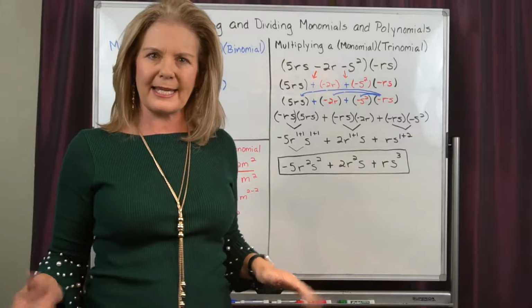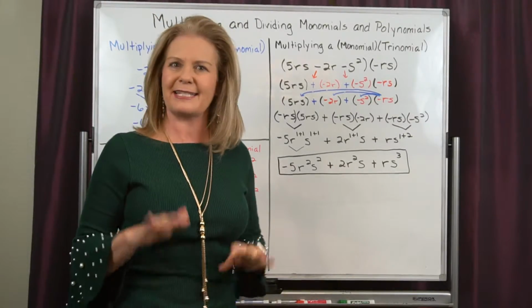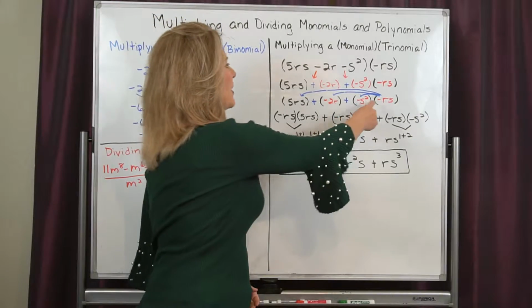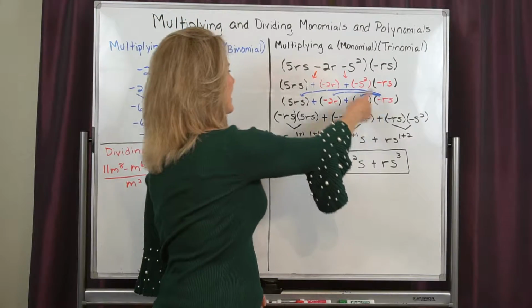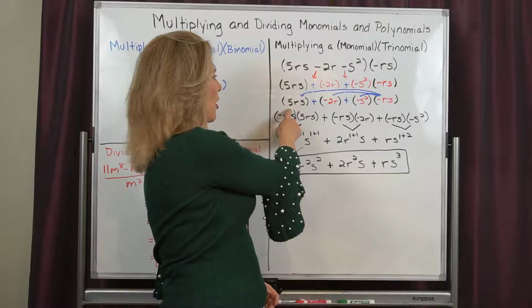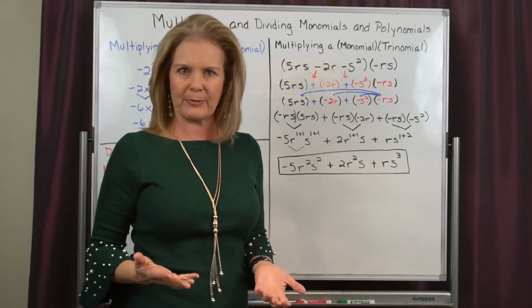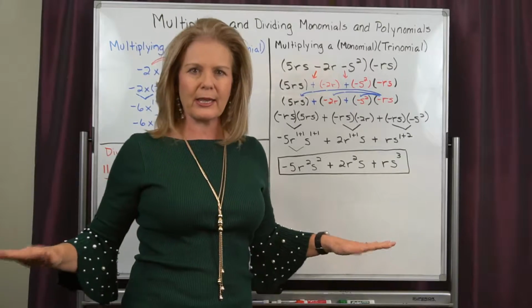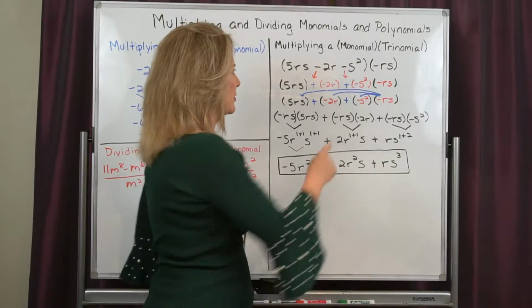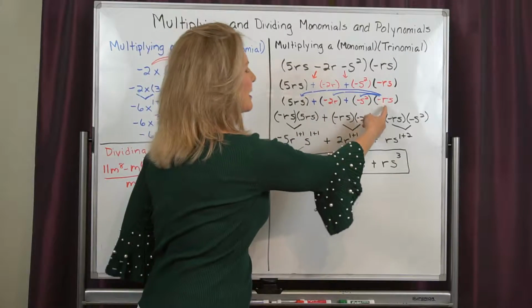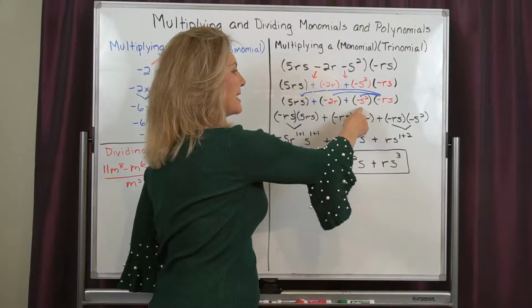Once I've rewritten it, now we go back to that distributive property, but we're just going to do it 3 times. So I'm going to take negative rs and multiply it by 5rs, and you can see it there. Now it looks complicated because there's lots of variables there, but always rely on just the basics that you've learned. And I'm going to do negative rs times negative 2r, and I'm going to do negative rs times negative s squared.